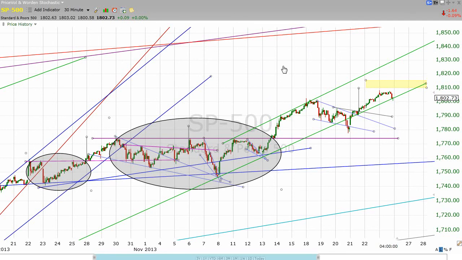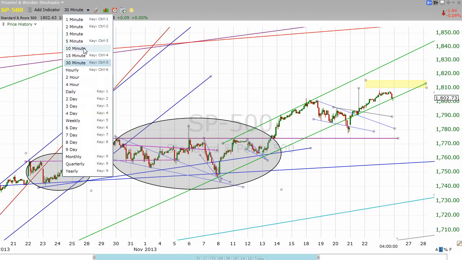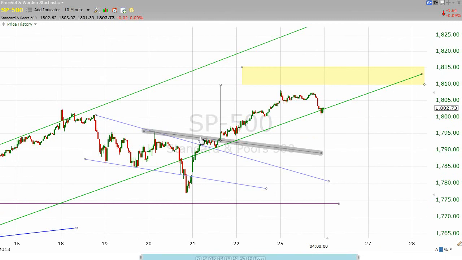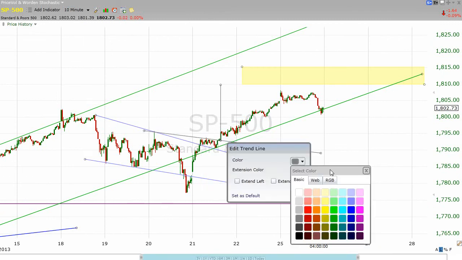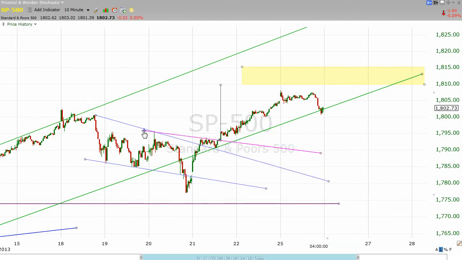But let's keep an eye on it, see where we might bounce, where we might approach this 1810 to 1815 area. Currently, the only pattern that we have that says we should go higher is this little sort of funky looking, again, semi-inverted head and shoulders pattern. This is all we've really got that says we should go higher, and it doesn't tell us that we go much higher.